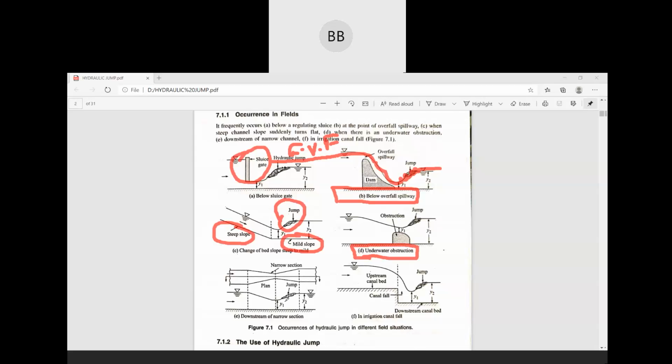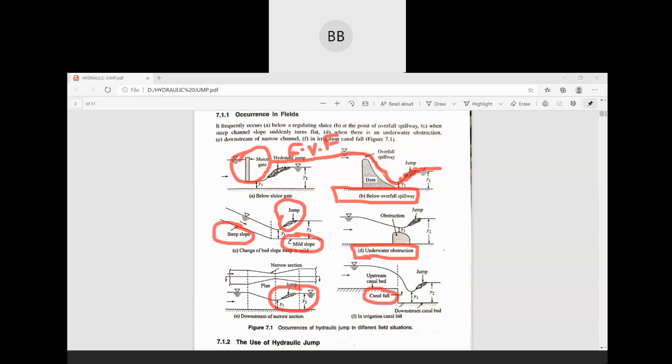Here also, if you have a cross section like this, in the narrow section, you can again observe some jump. This is what we are discussing about canal fall. When the depth of flow comes here, because of the canal fall your depth of flow reduces.